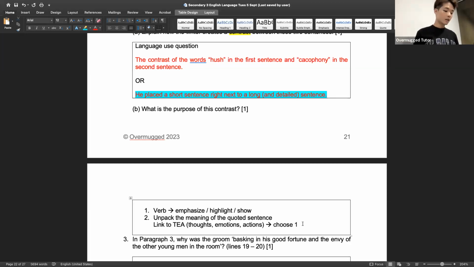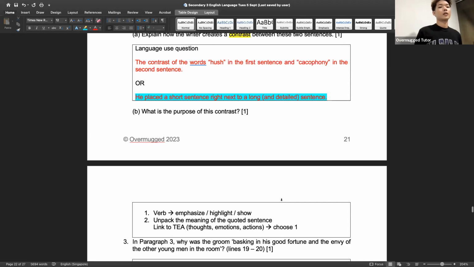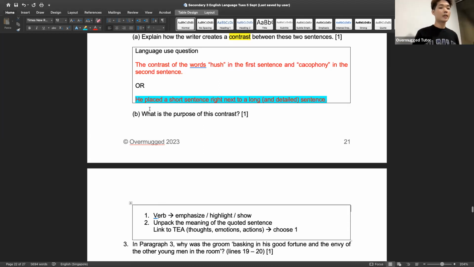If you are done, you can move on to question 4. I won't do question 3. I will give you the answer for question 3, but I won't do it. Do question B for now, and then also do question 4.